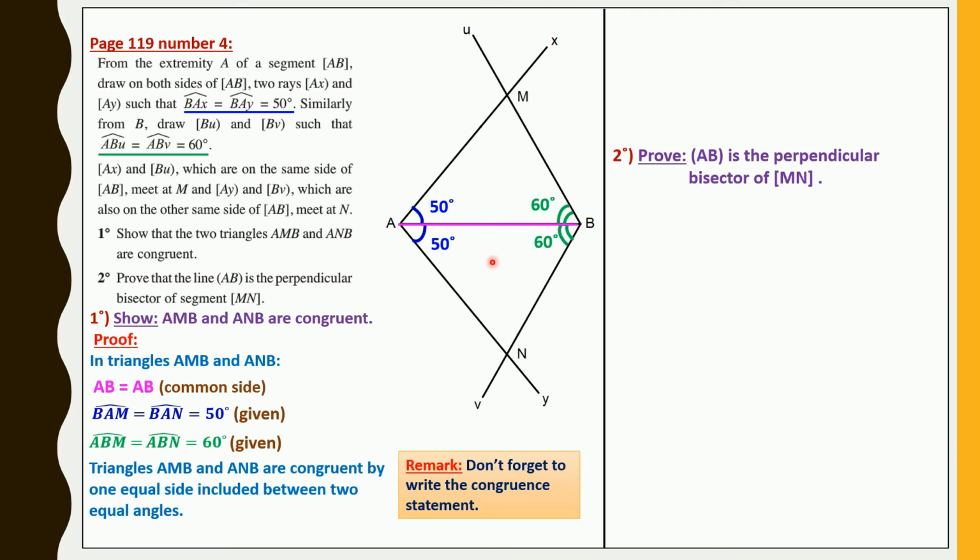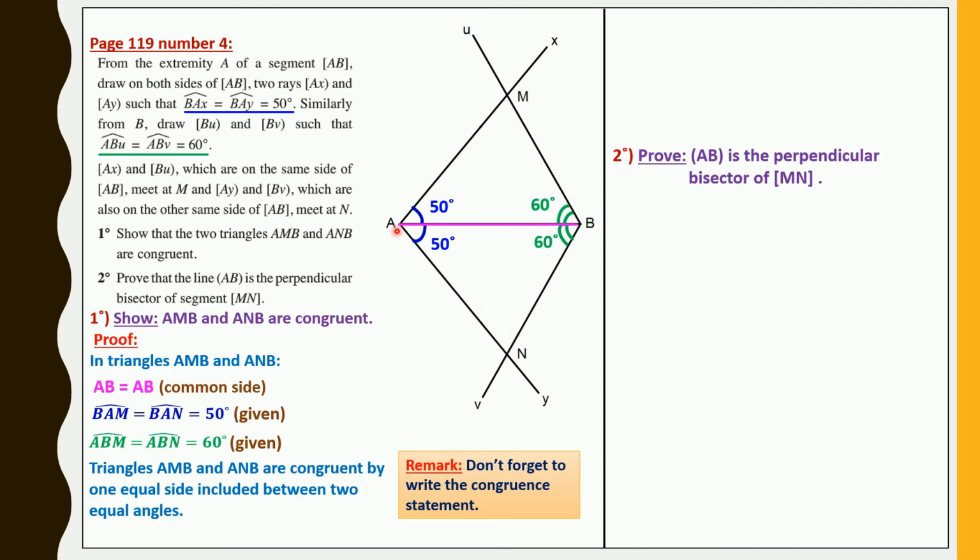And as we learned in our previous video, to prove that a line is the perpendicular bisector of a segment, we can use the converse of the perpendicular bisector theorem. We need to prove that points A and B are equidistant, are at equal distance from the extremities of segment MN.